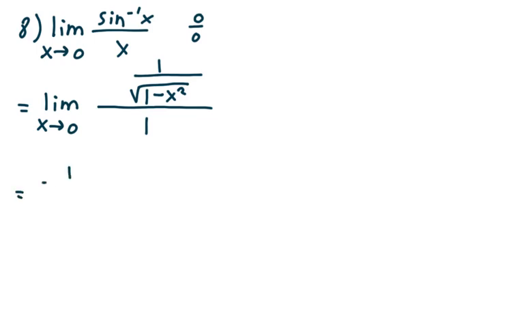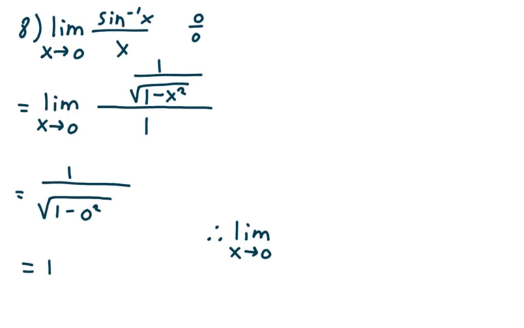And so this is 1 over the square root of 1 minus 0 squared, which is equal to 1. And so therefore the limit as x goes to 0 of arc sine x divided by x is equal to 1. I thought that was pretty interesting.